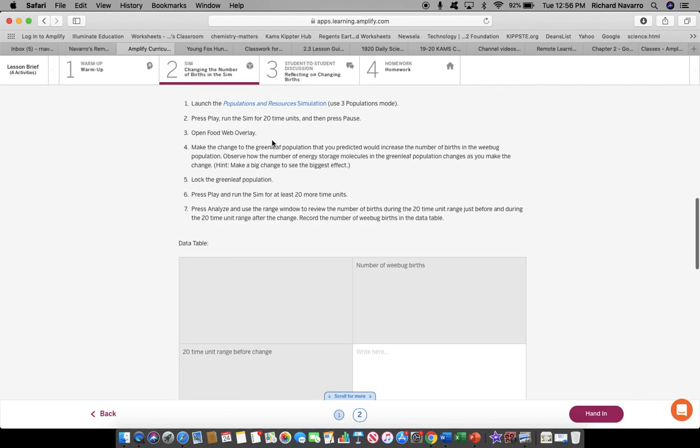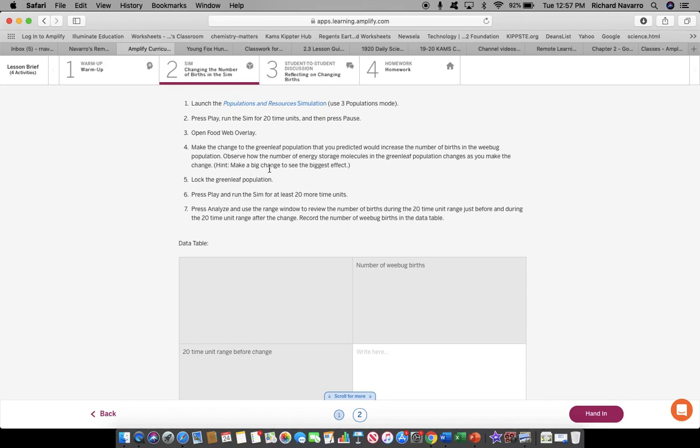So in order to do this, we're going to launch our simulation. We're going to hit play and run that sim for 20 time units and then hit pause. Then we're going to open the food web overlay. We will then make the changes to the green leaf population that we predicted would increase the number of births in the wee bug population, meaning we're going to increase the green leaf population, and then we're going to observe the number of energy storage molecules in the green leaf population changes as you make that change.